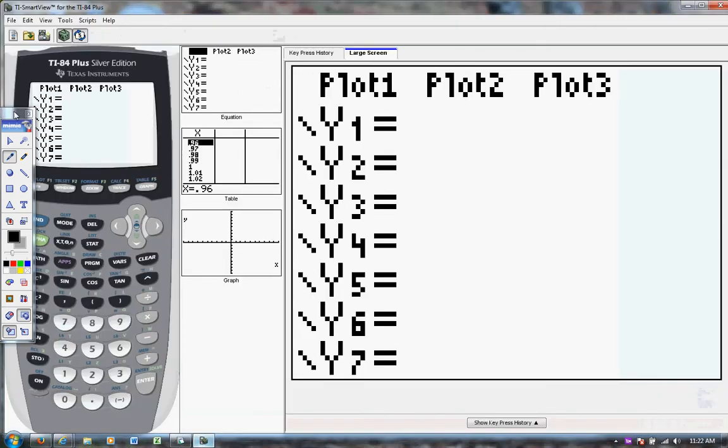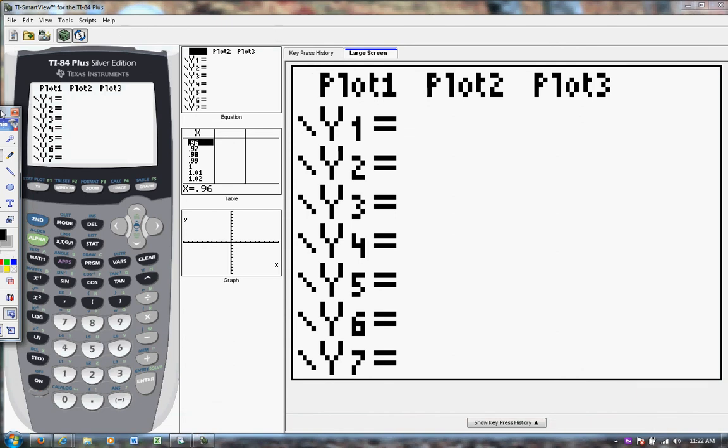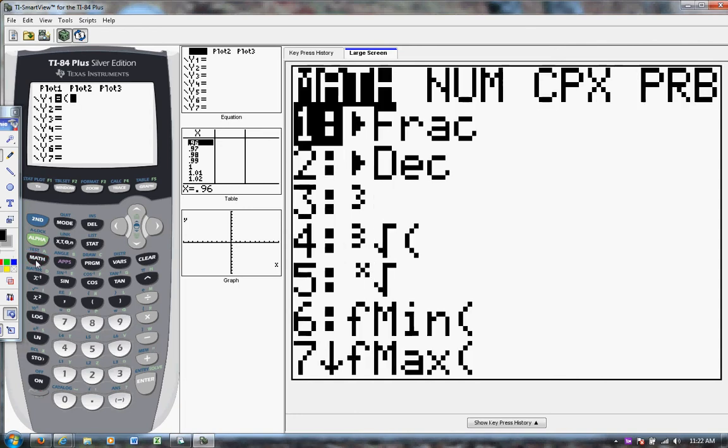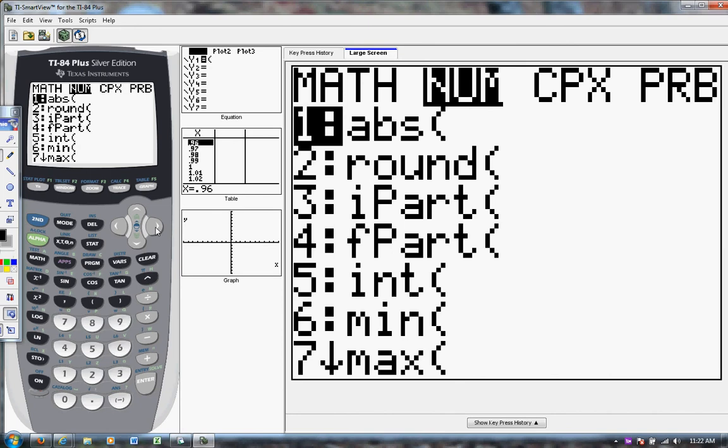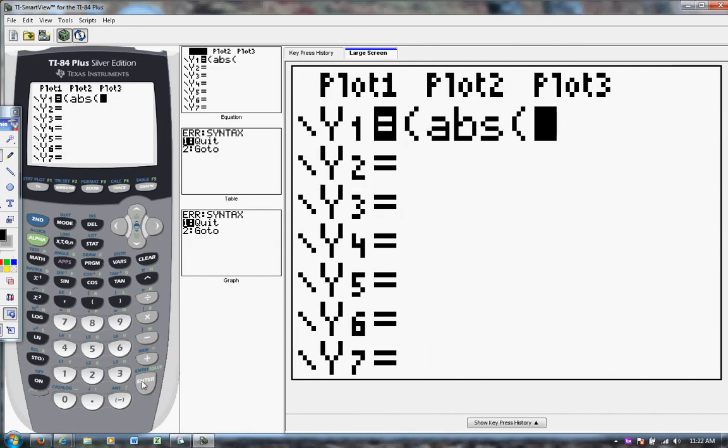So the absolute value button, by the way, is under the math menu. So you press math and you go over to number, and it's number 1. Absolute value of x, that's my numerator, divided by x.